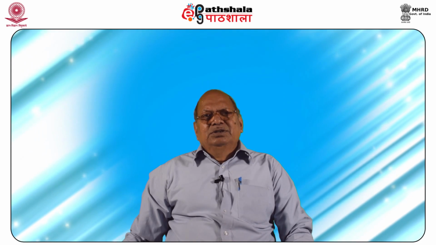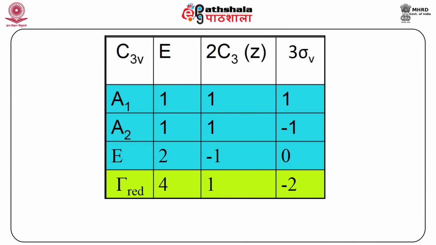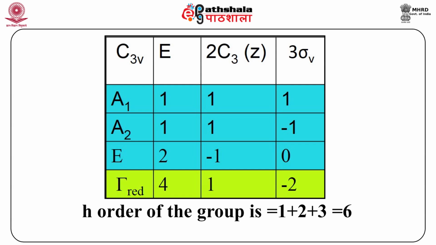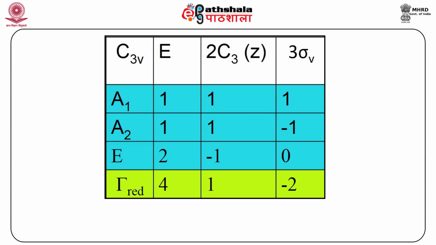Let us take the example of the C3v point group. The character table without the last column is shown, where h is the order of the group, which is 1 plus 2 plus 3, that is 6. In this character table, we have the symmetry operations E, 2C3, that is the C3 axis along Z, and 3 sigma v.